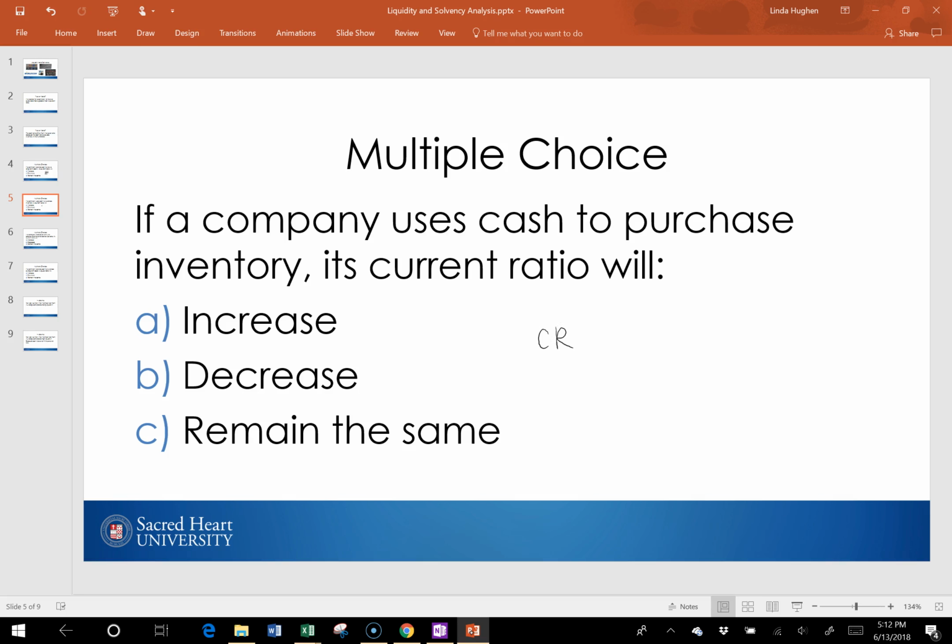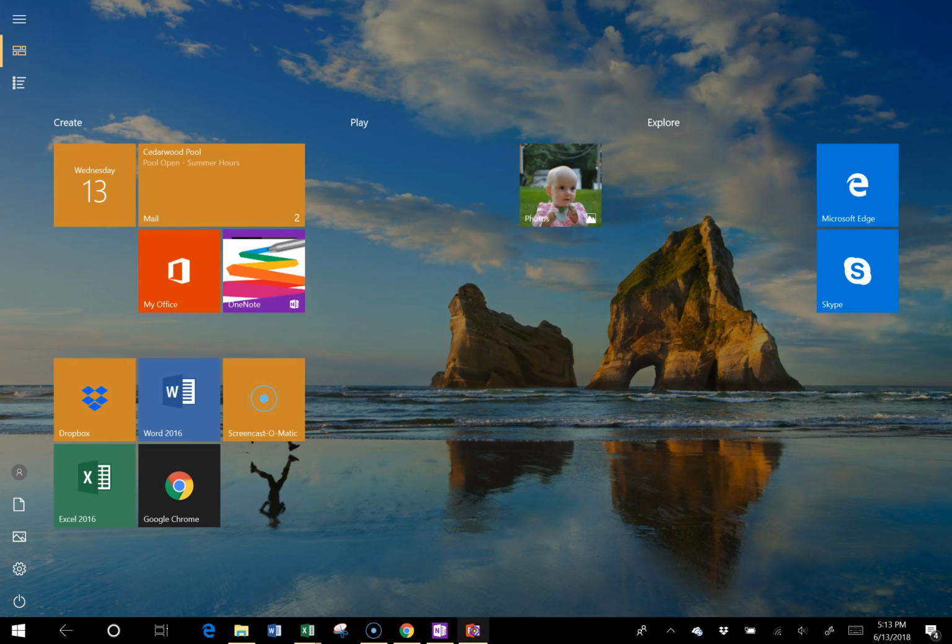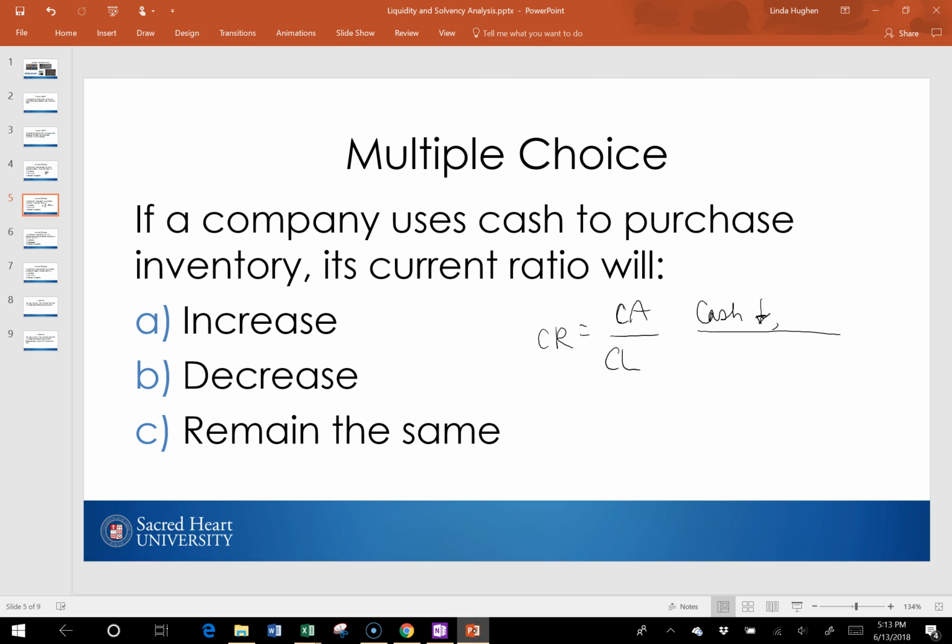All right, so again, the current ratio is current assets over current liabilities. So what happens when a company uses cash to purchase inventory? Cash causes the current assets to go down, but a current asset, inventory, would go up by the equal amount.